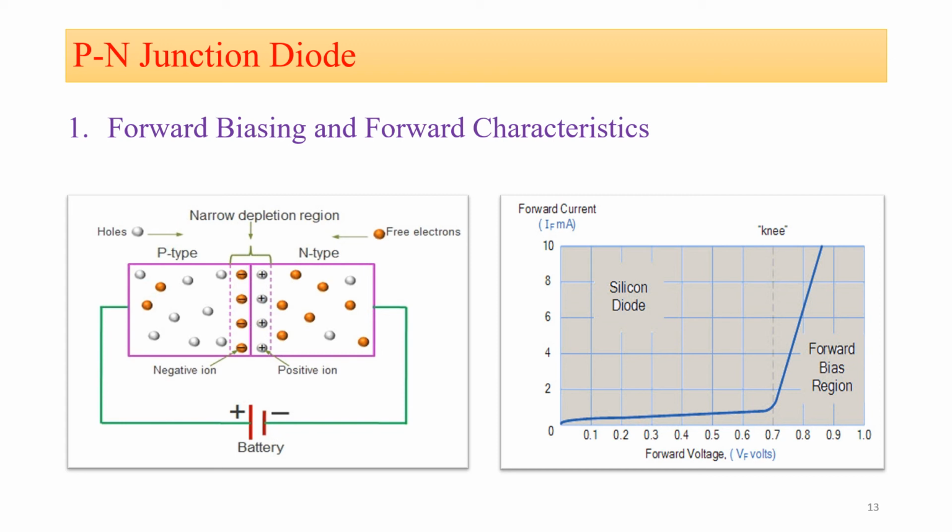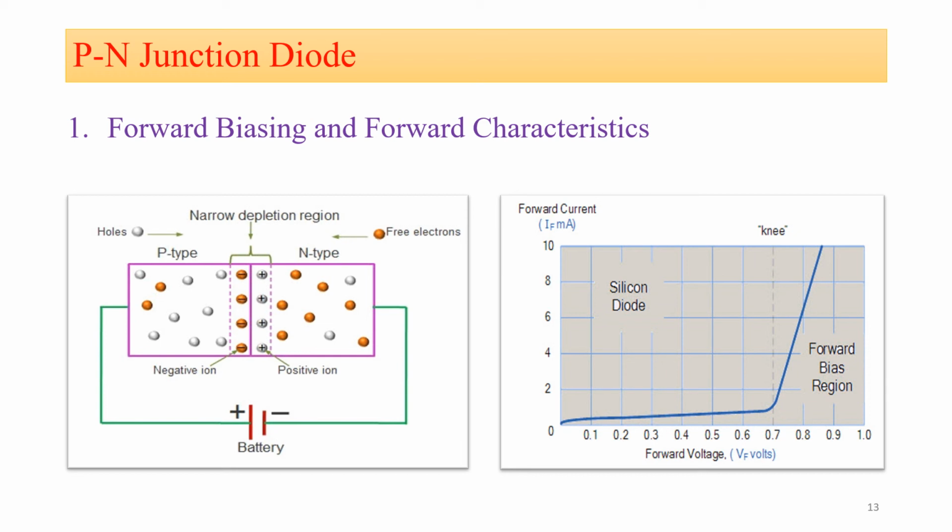It means when the voltage across the diode is in between 0.6 volt to 0.7 volt, then the width of the depletion region will be exactly equal to 0, or the barrier potential will be exactly equal to 0. Then what will happen? The holes from the p-type semiconductor material will move towards the n-type semiconductor material. Similarly, the electrons from the n-type semiconductor material will move towards the p-type semiconductor material.